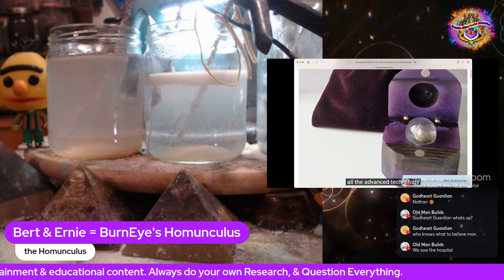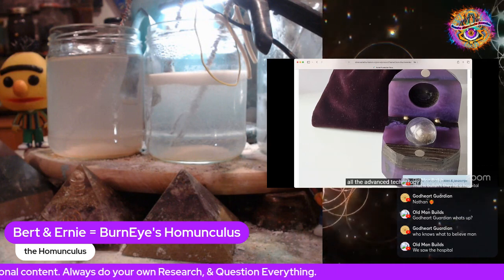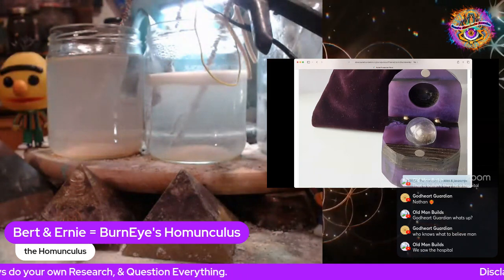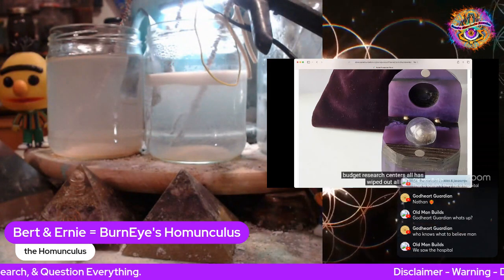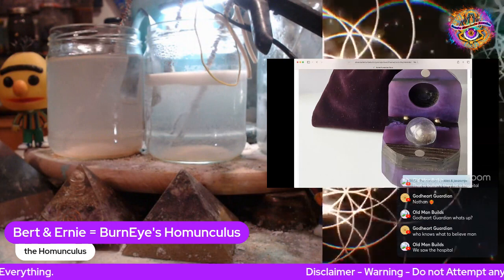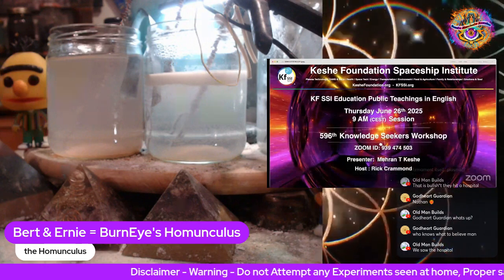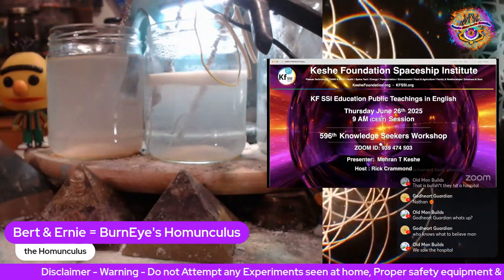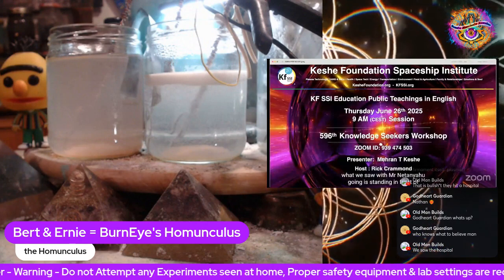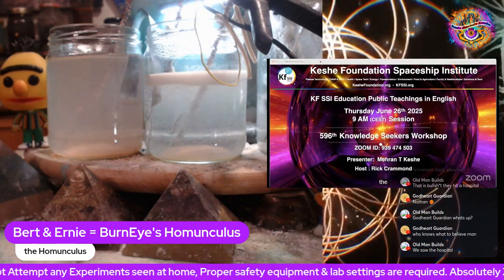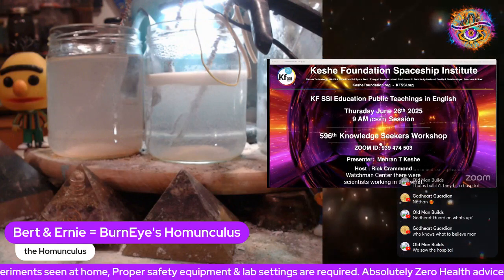All the advanced technology, drones, microchips, research centers, all wiped out. All in a working condition, according to the Israelis. What we saw with Mr. Netanyahu going and standing in front of the Weizmann Center, there were scientists working in there. What happened?